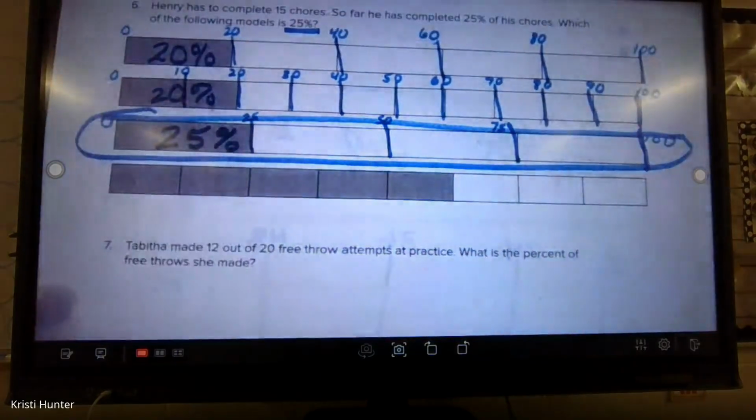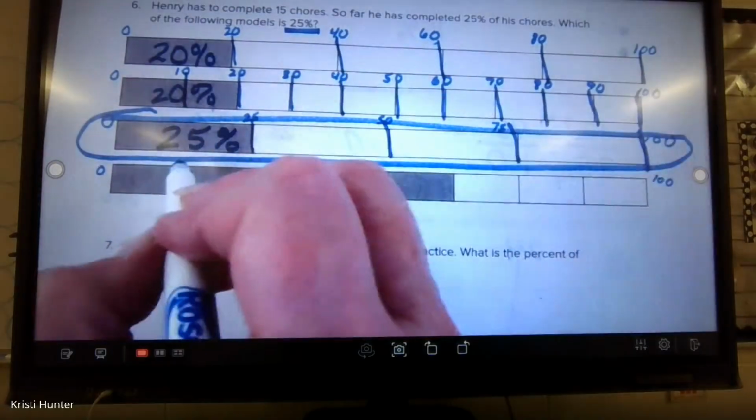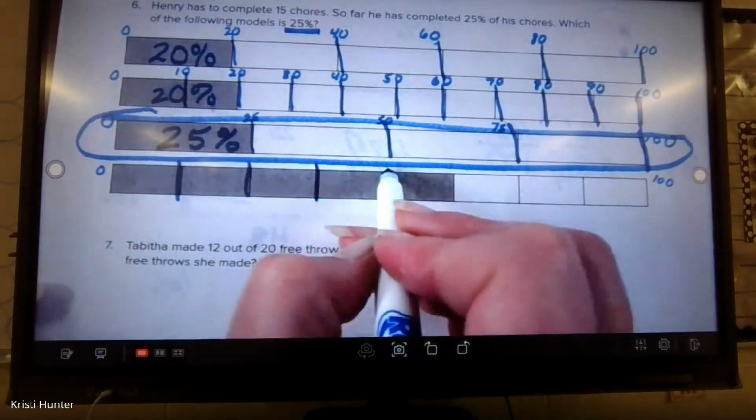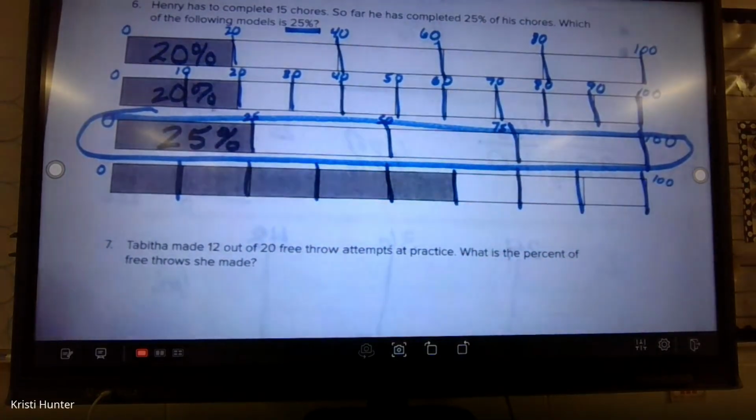But I'm going to double check and make sure. 0 to 100, 1, 2, 3, 4, 5, 6, 7, 8. Well, I can't get 8 to 100 evenly, so I know that one can't work at all. So my answer is the third bar diagram. Gets me 25%. Bar diagrams is another strategy that we use to show percent.